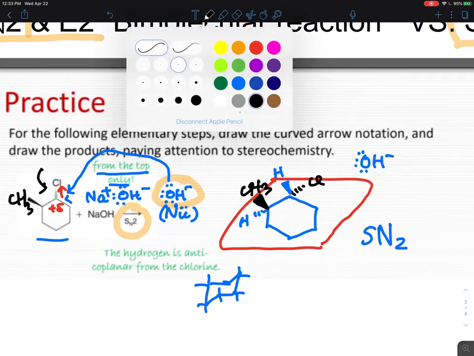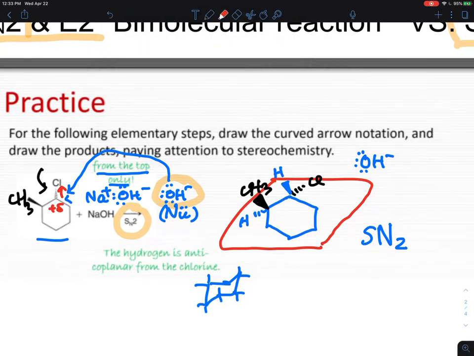If I put a little notation here, this is on the plane, and the chlorine is in a way invisible, underneath it, so the nucleophile is coming from the top, and the chlorine is on the bottom side.